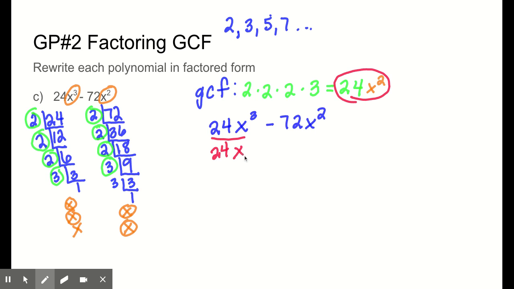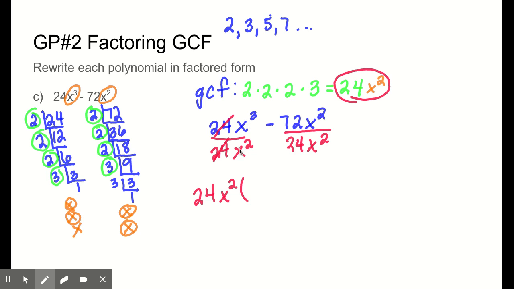I'm going to divide each term by 24x squared. So I rewrite the 24x squared out in front of my parentheses because the GCF always has to appear in our final answer. Now 24 divided by 24 is equal to 1, but we still have a variable left, so we don't have to write the 1.